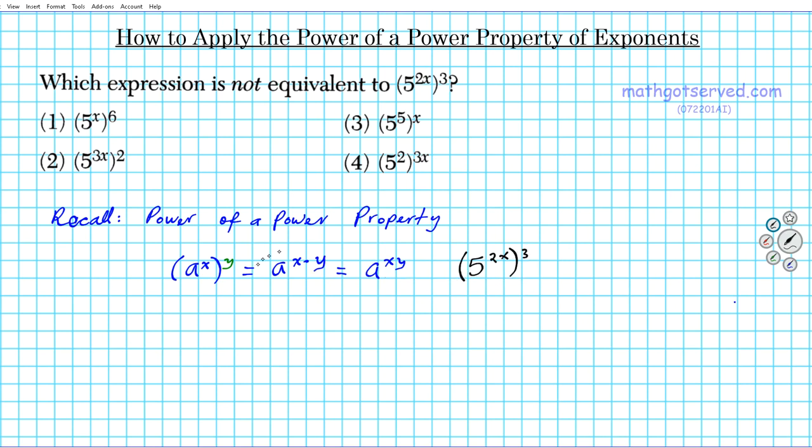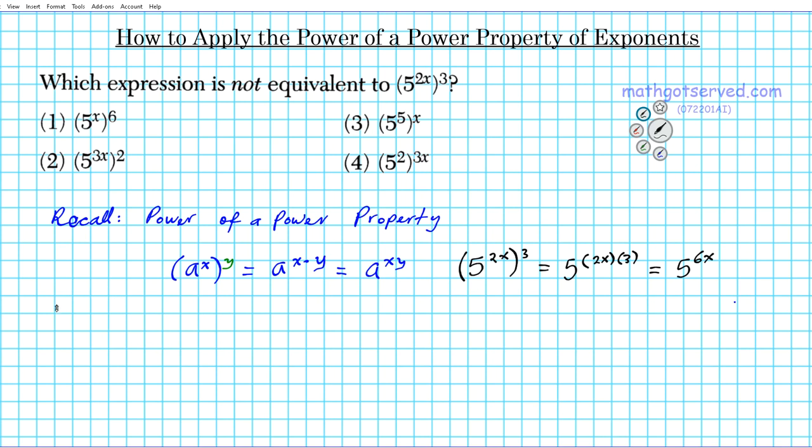So if we apply the power of a power property to the original expression, we are going to multiply the powers: 5 to the 2x times 3. These two powers will be multiplied by each other. If we carry out that multiplication, you're going to see that the simplified form of the original expression is 5 raised to the 6x power.